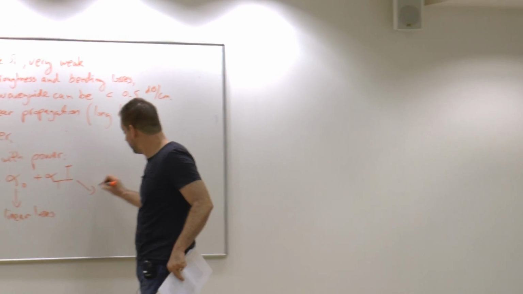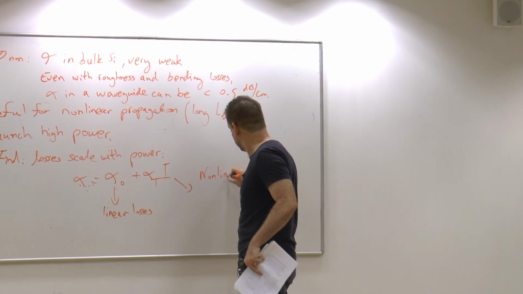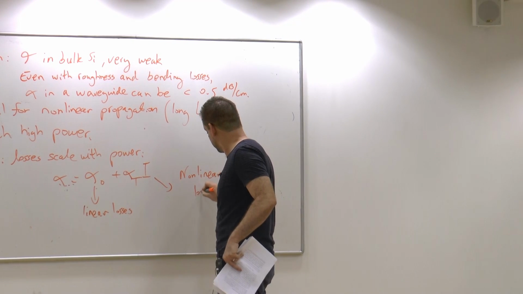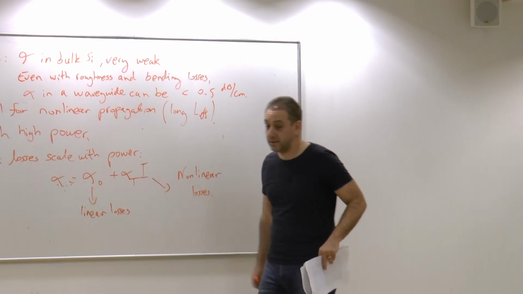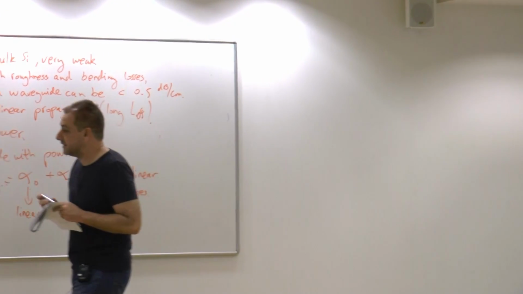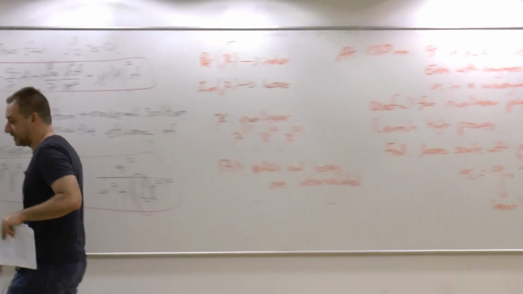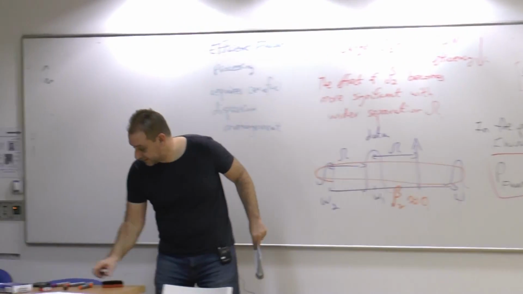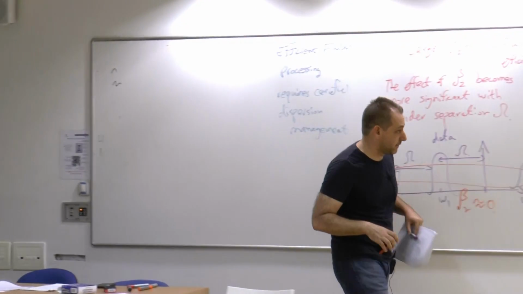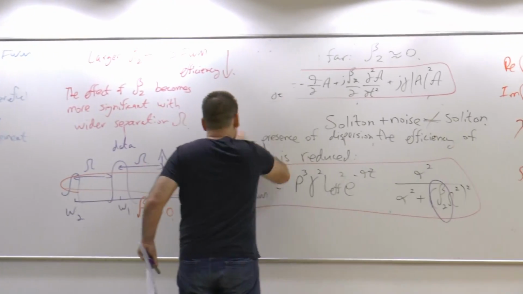And this additive term represents now nonlinear losses. And this nonlinear losses behavior has a name. It came to be known as two-photon absorption. And I will explain in a minute.